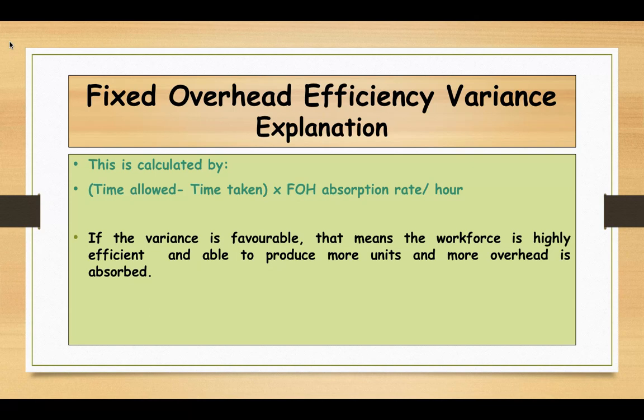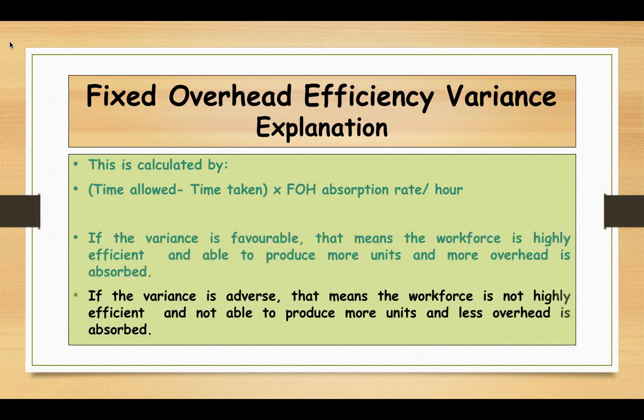If the variance is favorable, say for example, the time allowed is 40 hours, but the employees have taken only 35 hours, that means the variance is favorable. So the workforce is highly efficient and able to produce more units and more overhead is absorbed.